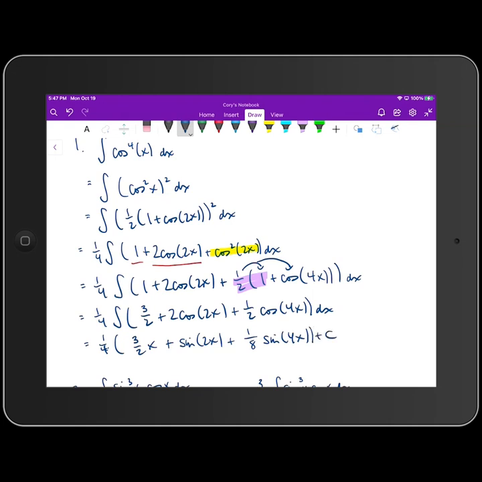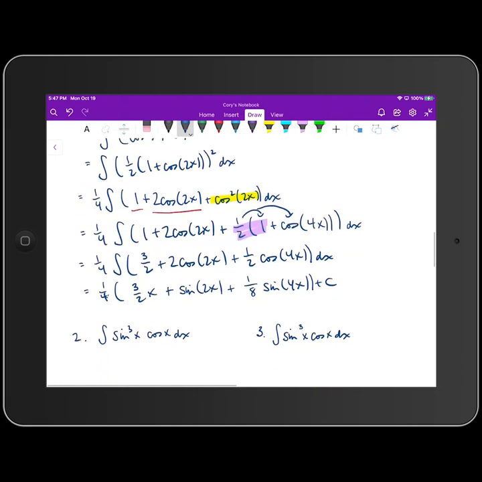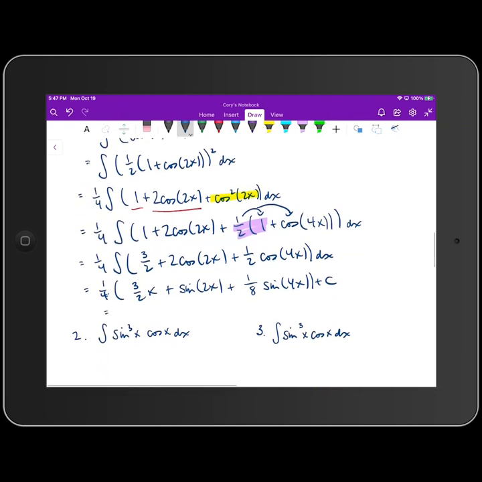And then we add the constant c to the end. The last thing to do is distribute 1/4 across all of these terms. So 1/4 times 3/2 x is 3/8 x, plus 1/4 times the sine of 2x, plus 1/4 times 1/8 is 1/32 times the sine of 4x, and then we add our constant c.